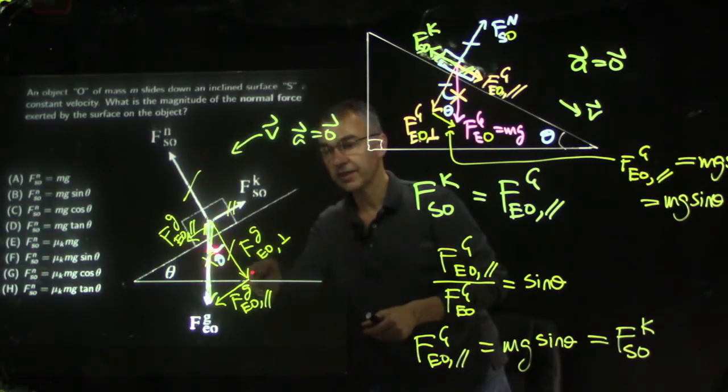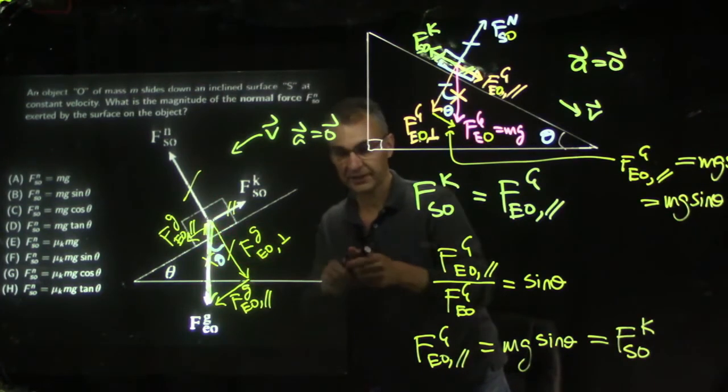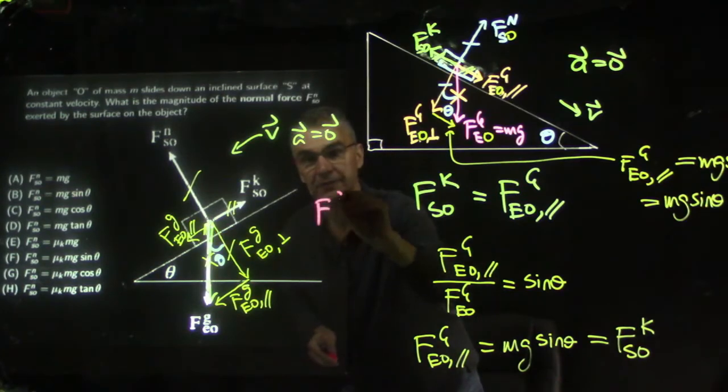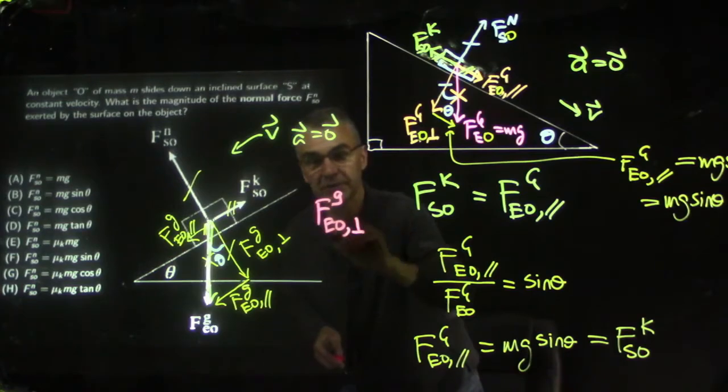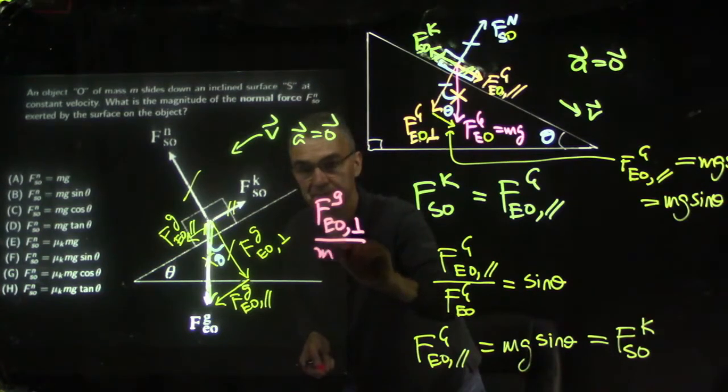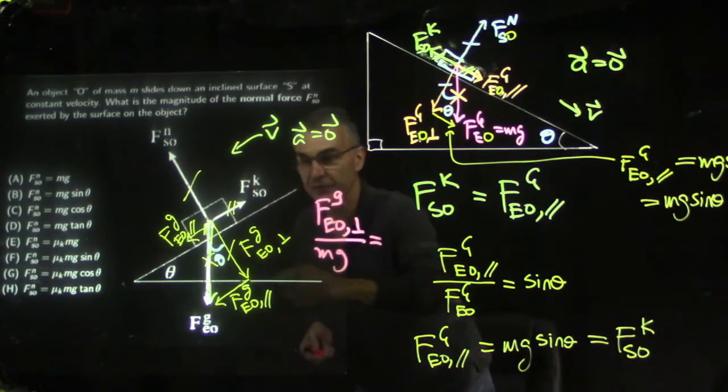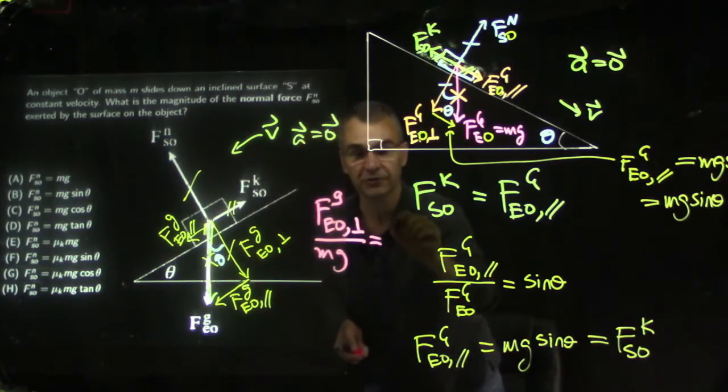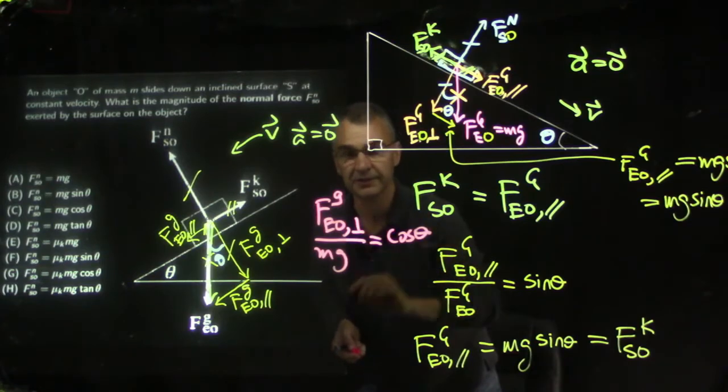And again, we have this angle theta, so we can say Fg, Earth on the object, the perpendicular component, divided by mg, basically, equals, so this is adjacent over hypotenuse, so this is cosine theta.